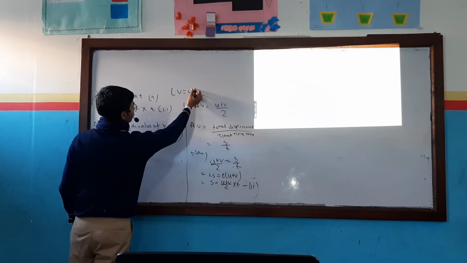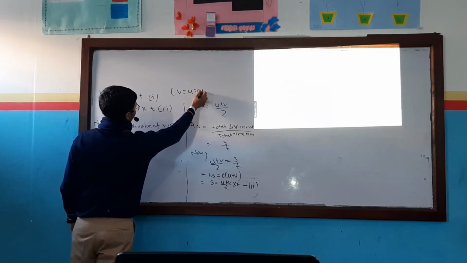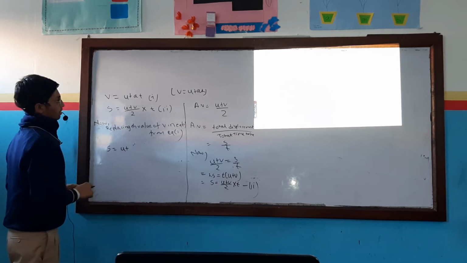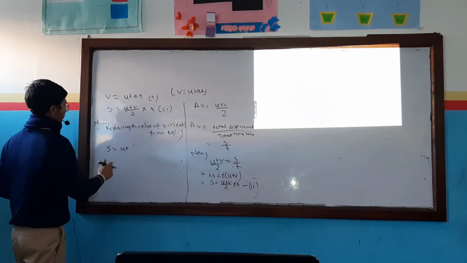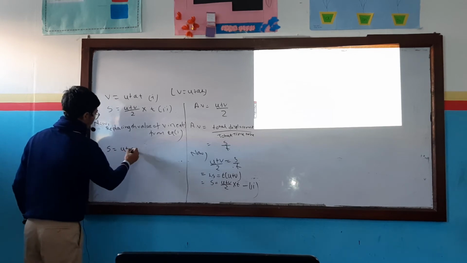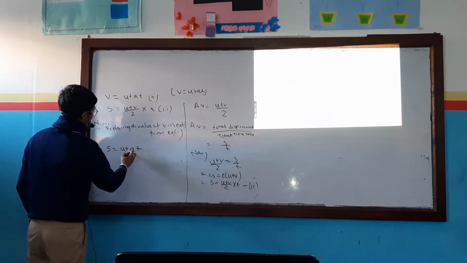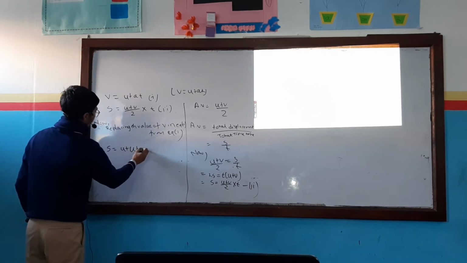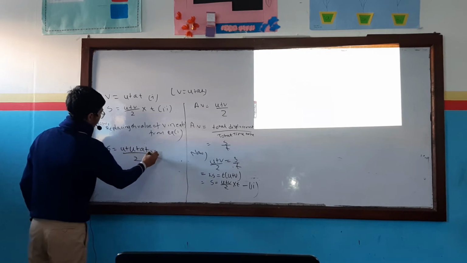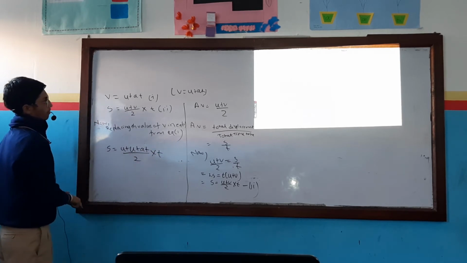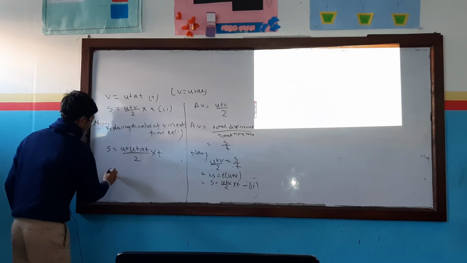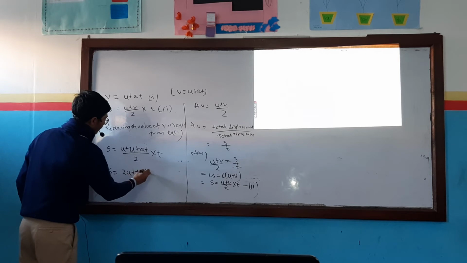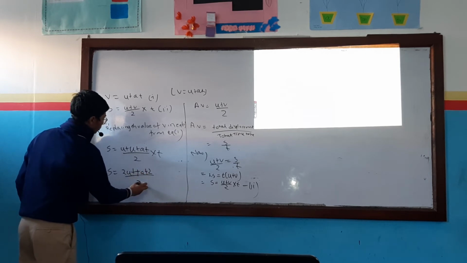Then s is equal to (u + u + at)/2 into t. Now s is equal to (2ut + at square)/2.